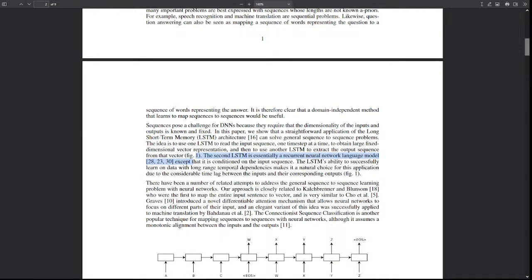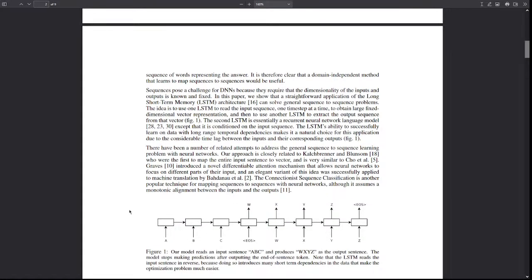Sequences pose a challenge for DNNs because they require that the dimensionality of the inputs and outputs is known and fixed. In this paper, we show that a straightforward application of the long short-term memory architecture can solve general sequence-to-sequence problems.